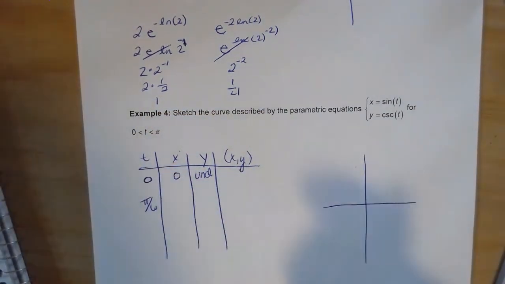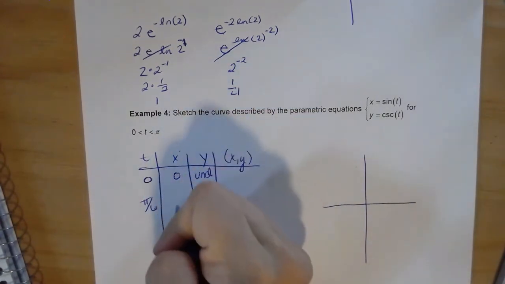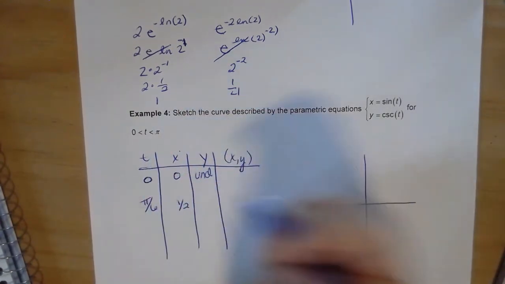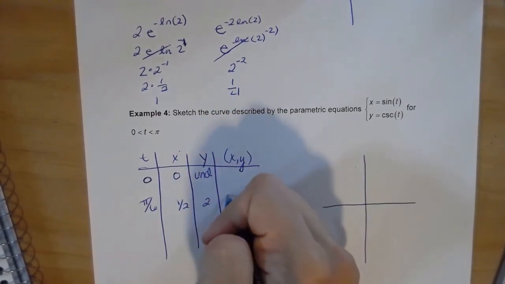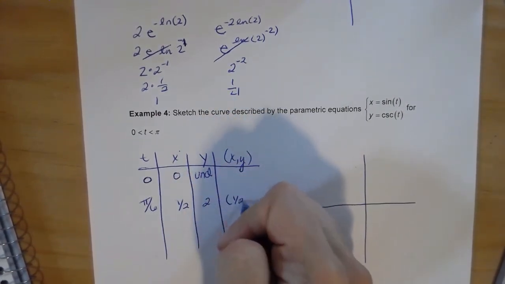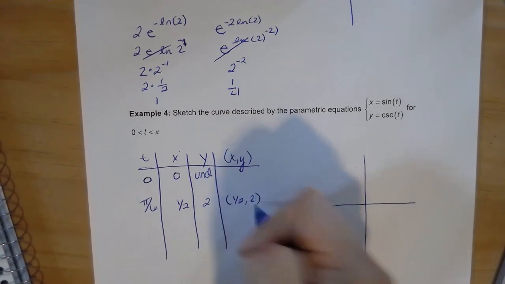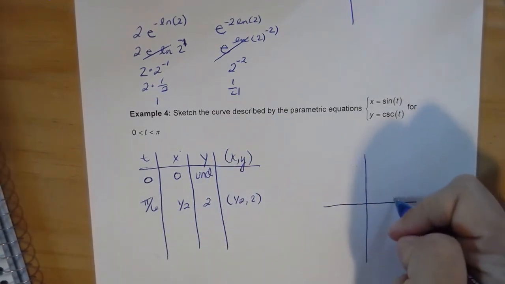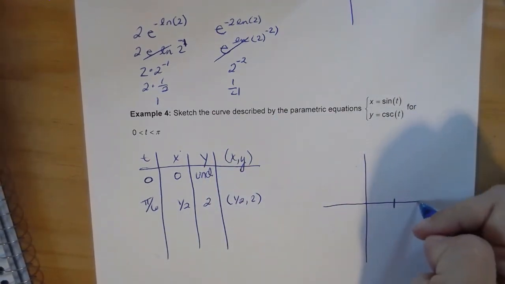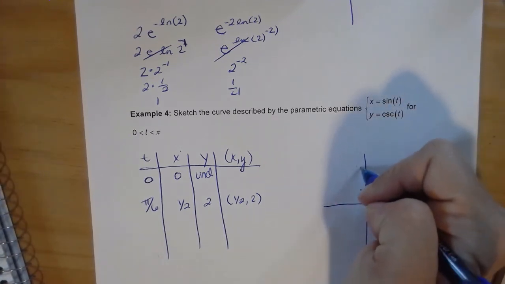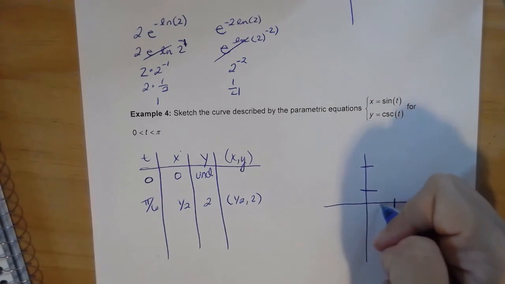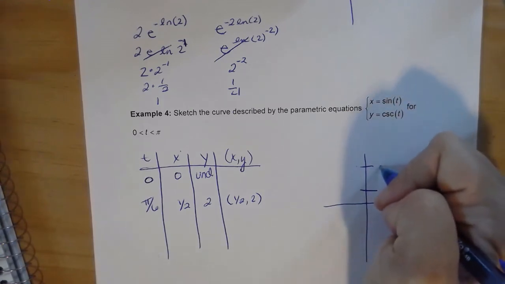Okay, so sine of pi over 6 is 1/2. And if we do the reciprocal there, we get 2. So we have a coordinate of 1/2, 2. So I'm going to make one over here. Make these bigger so that way we can see what's going on here. So at 1.5 we're at 2.